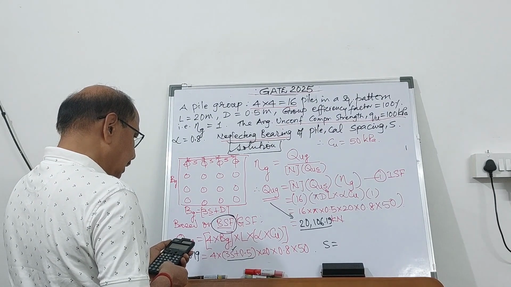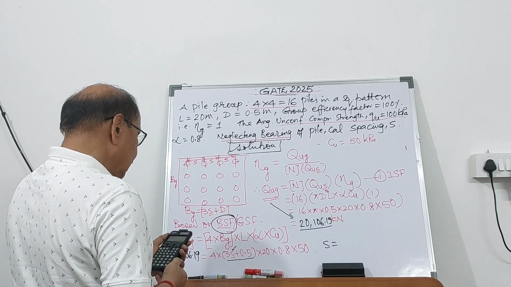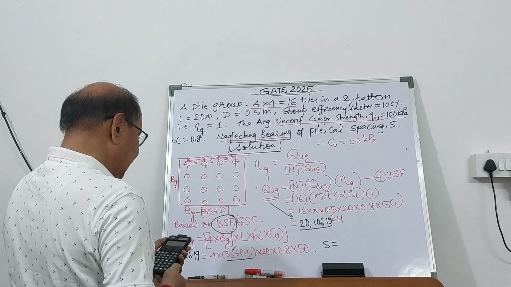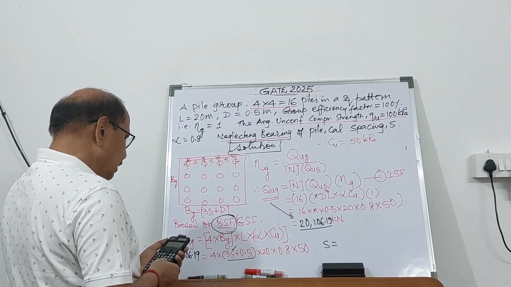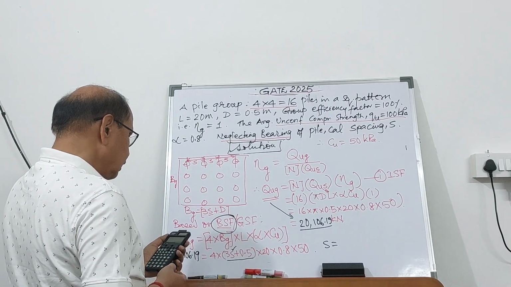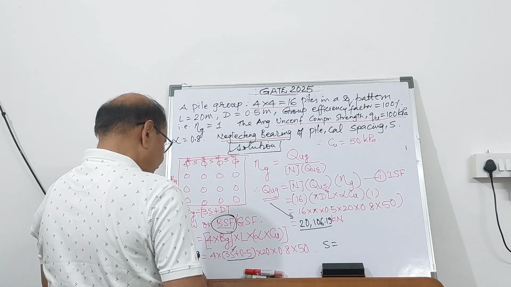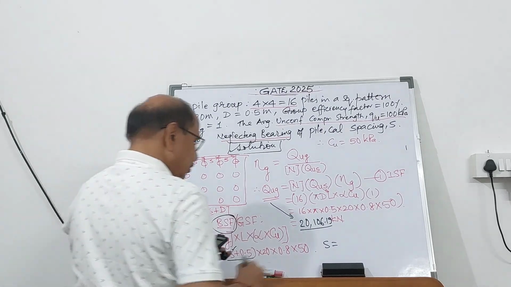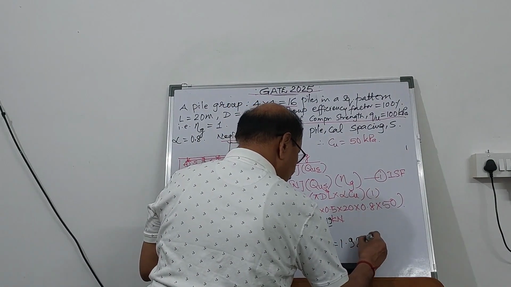So if I deduct 0.5, I get 5.783, that is the value of 3S. So the center to center spacing finally comes out to be 1.927 meter.